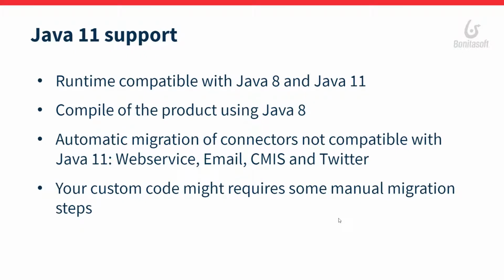We take care of updating all those connectors, and we include in the migration tooling an automatic update of the connector definitions used in your application for the list of connectors I provided here. So they will automatically become compatible with Java 11 when you perform the migration steps. If you have custom code, of course, it will be up to you to make sure that it runs properly on Java 11 if you target this version.